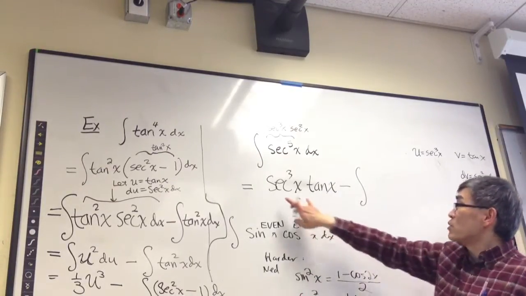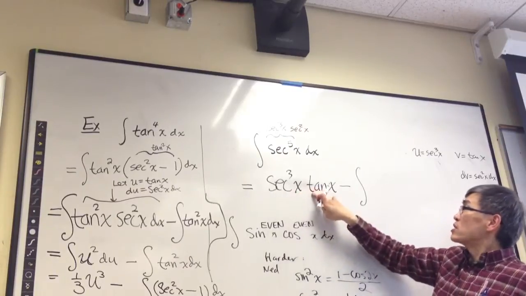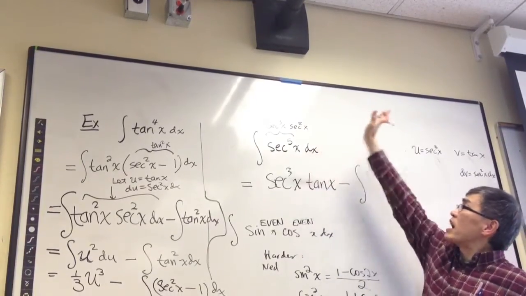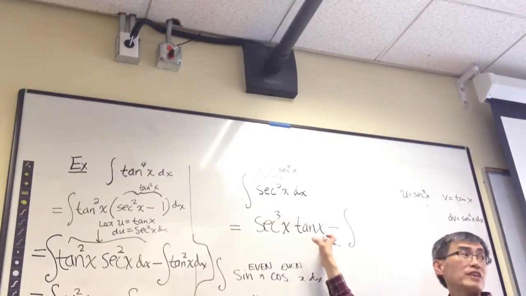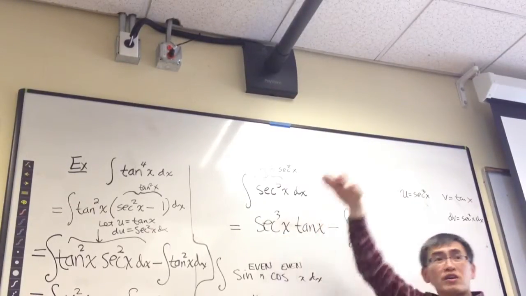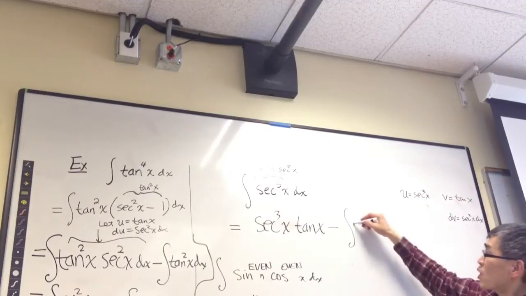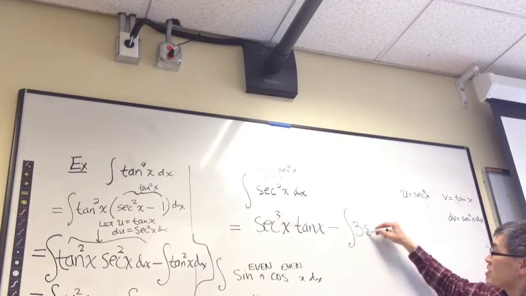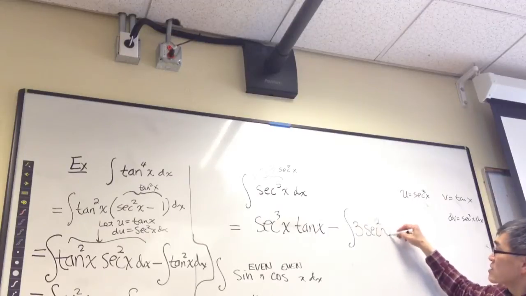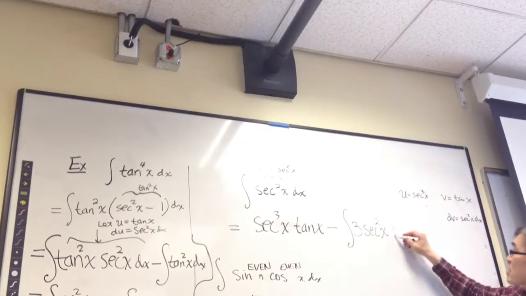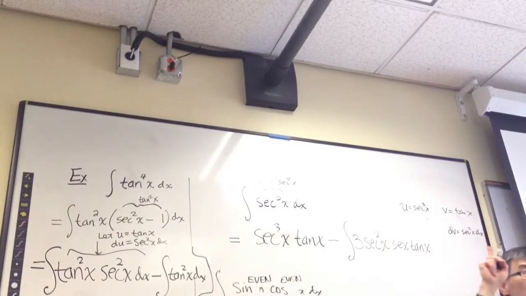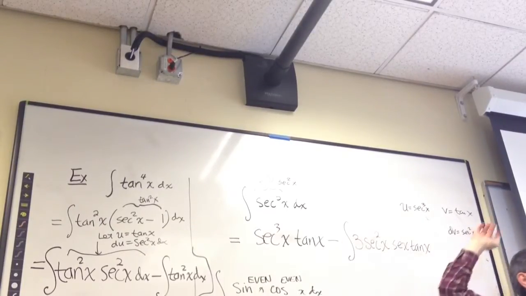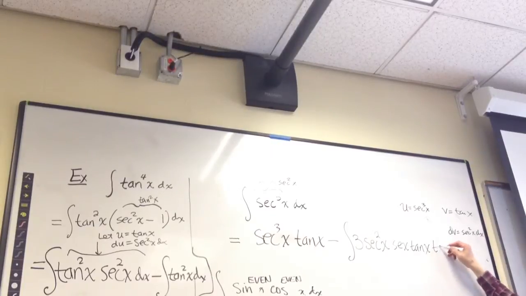This one results from raising that secant squared, and now you copy over, so you have a tangent already. And then this one you take the derivative: 3 secant squared x times secant x tangent x. That's the derivative, but then the other guy you copy over. The other guy is tangent x dx, correct?